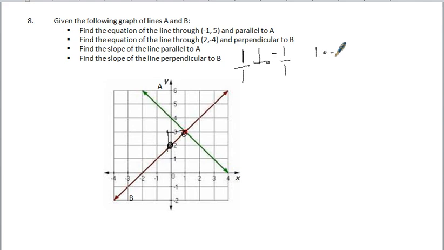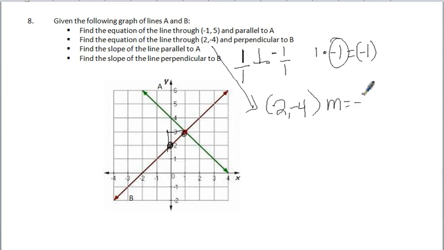Remember that they should multiply to give you -1. So the perpendicular slope, the slope that you need here, you got your point -2, -4 with a slope of -1. So you plug that into your point slope. Remember, it was minus -4, which is why I wrote +4, by the way.